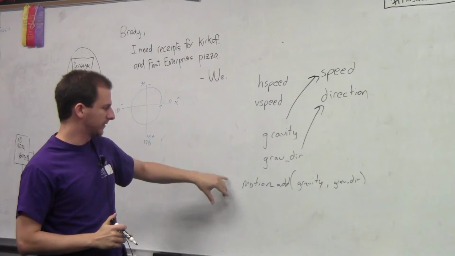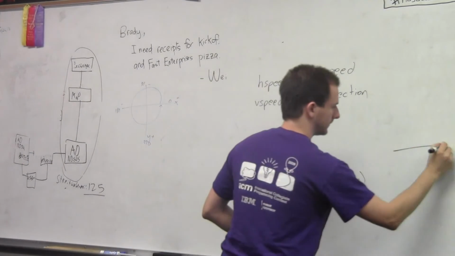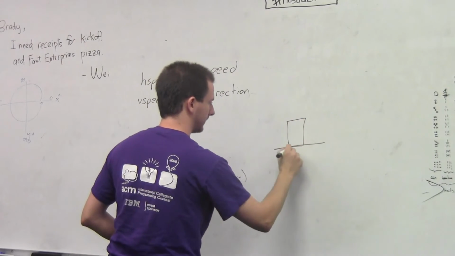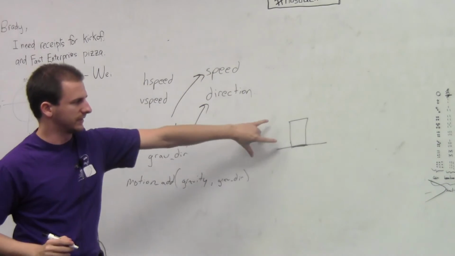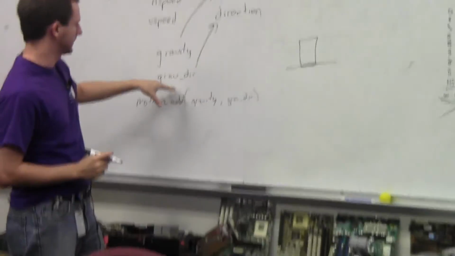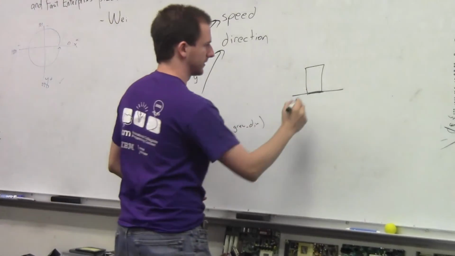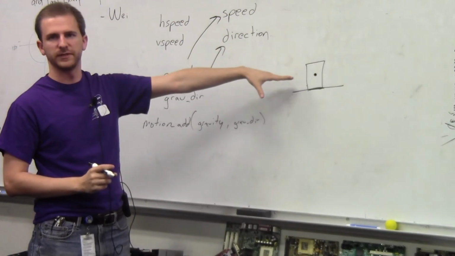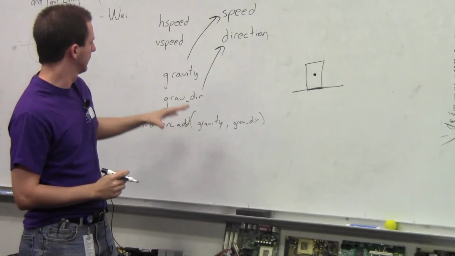And so at the very end of the frame, you've got the floor, you've got your player object, which I'm just going to draw as a block, because that's its collision mask, and it's sitting on the ground here. Well, what it's going to do is it's going to set your vertical speed. So let's say you wanted to stop. So you set its vertical speed to 0 and said, we're good.